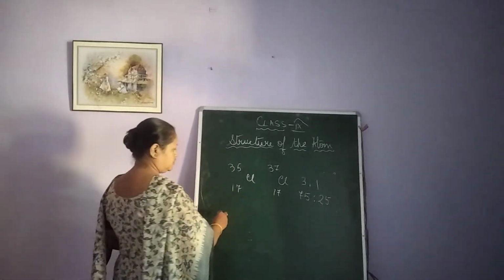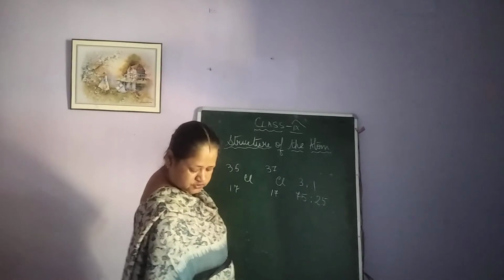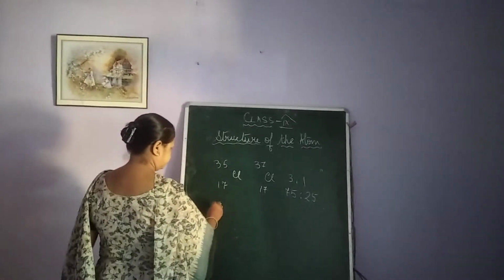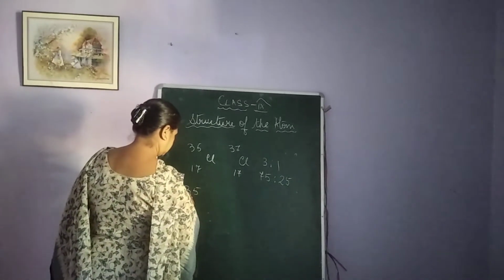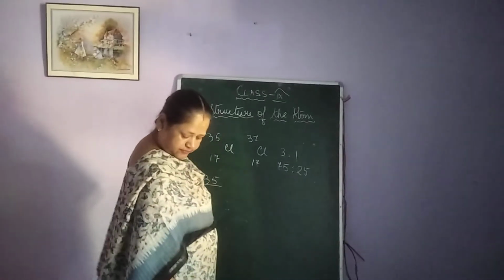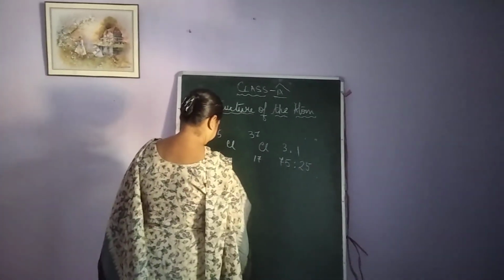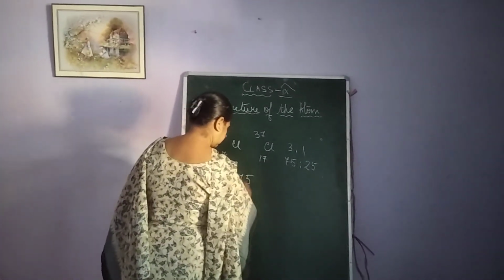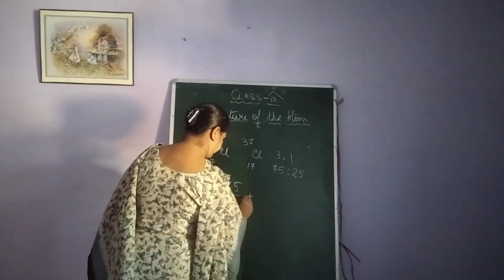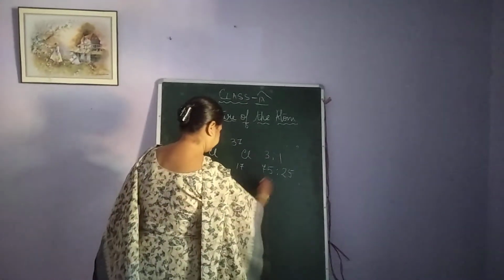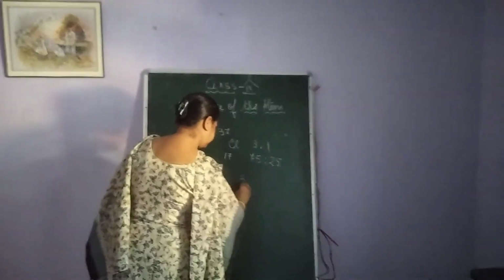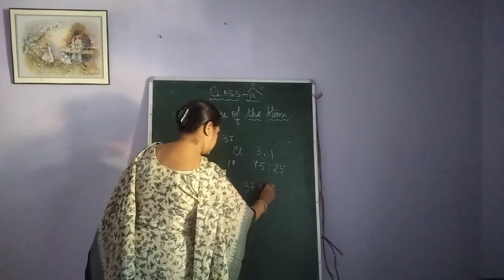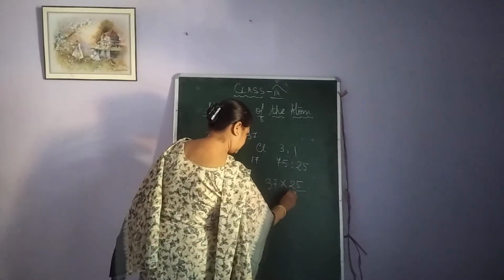If you have to find out the mass of chlorine, because it occurs in the ratio of 3:1, that will be 35 into 75 by 100 plus 37 into 25 by 100.